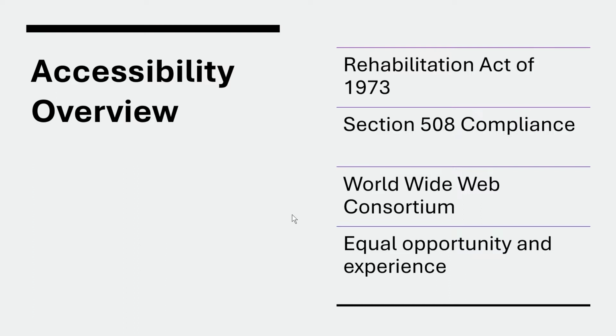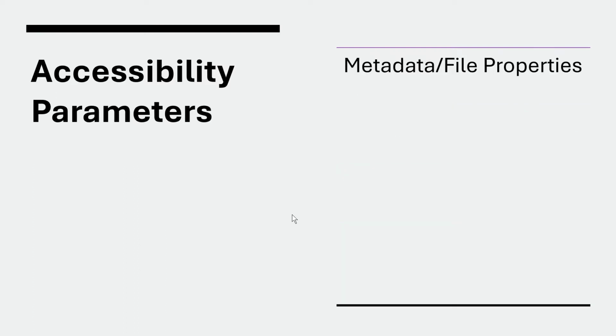So what does that look like? When we're developing our training modules, we want to make sure that all of the metadata that's available is seen by someone, for example, who has visual impairment with their screen readers. So many people who are visually impaired use screen reading software.